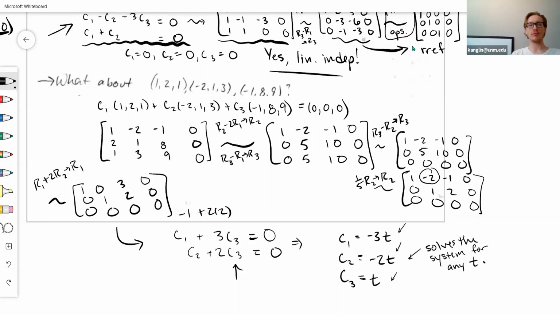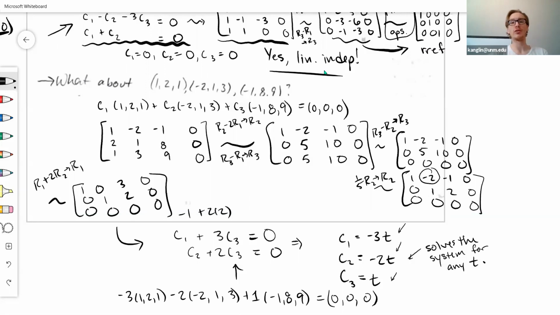We could say that negative 3 times (1, 2, 1), minus 2 times (-2, 1, 3), plus 1 times (-1, 8, 9) should equal the 0 vector. So we found a linear combination of our vectors where not all of the scalars are 0, yet we still get the 0 vector. This means no, these are not independent, these are dependent vectors.